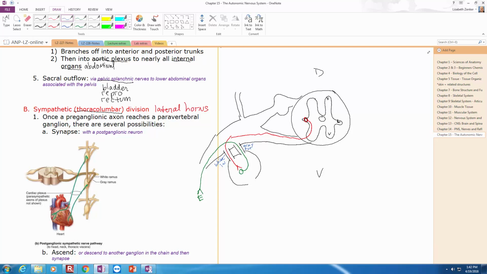And then with the somatic reflex, you might have an interneuron, which would then synapse to the ventral horn, which was in the gray matter of your spinal cord, right? And then the axon would leave through the ventral root and go out to a somatic effector. And who are our somatic effectors? Skeletal muscle, okay? And with skeletal muscle, the neurotransmitter is acetylcholine. And then we'll come back to those guys in just a minute.